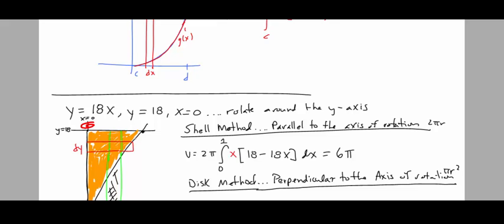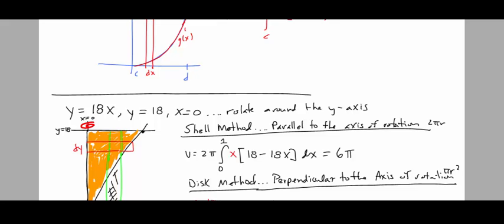Now this curve y equal 18x, because this is a dy, I need everything in terms of y. So I need to solve for x, and if I solve for x, I get x equal y over 18. So this is the curve that I need to be working with right here. So to set this up, volume is pi.